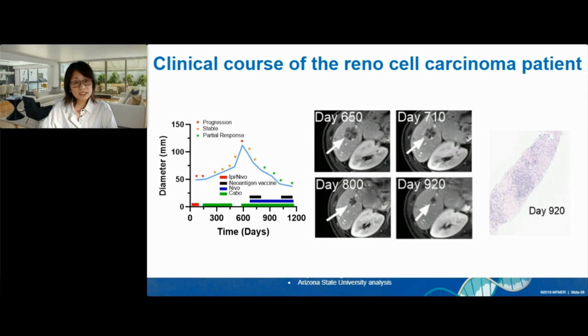The patient achieved partial response on day 800, 4 to 5 months after the vaccination started, and the tumor continued to shrink after. On day 920, we performed a biopsy showing mostly dying tumor cells with substantial tumor infiltrating lymphocytes, as shown in the figure to the right.